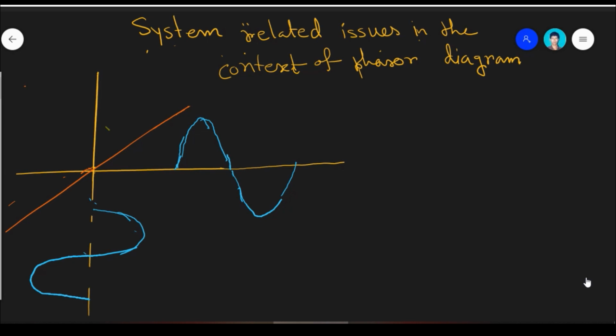Now here, in sinusoidal input, you can see this line is like y is equal to mx. Here I have considered m is equal to 1.